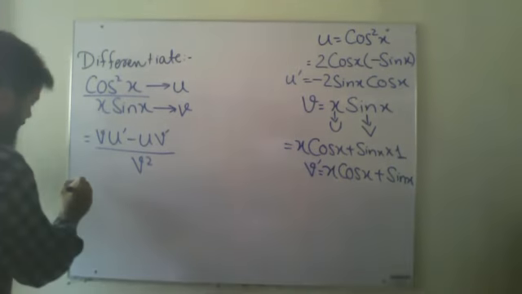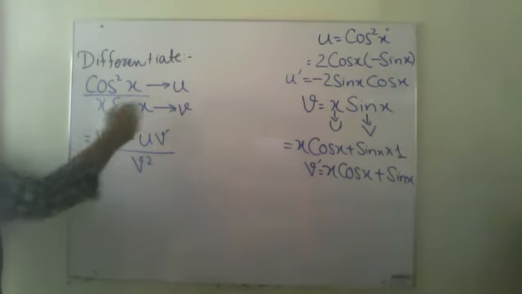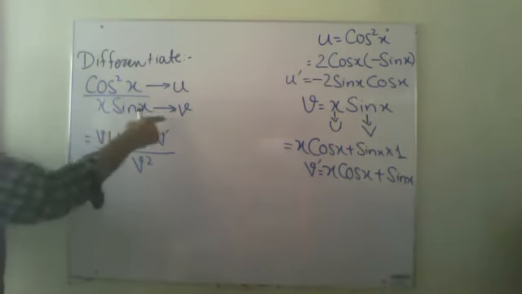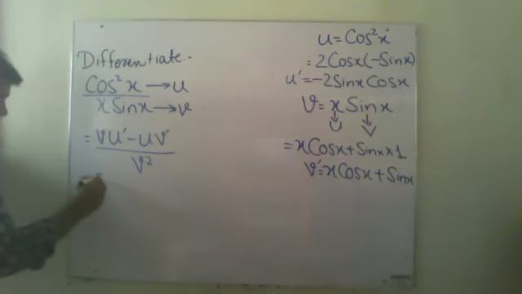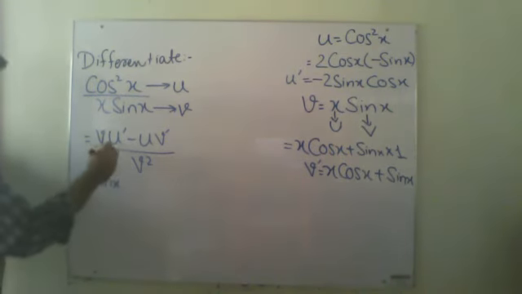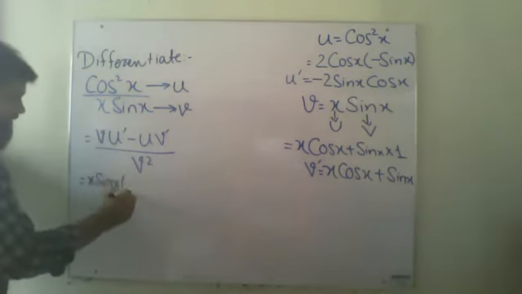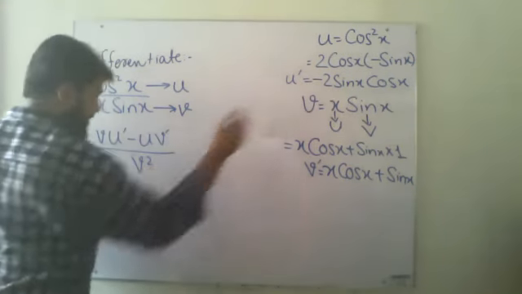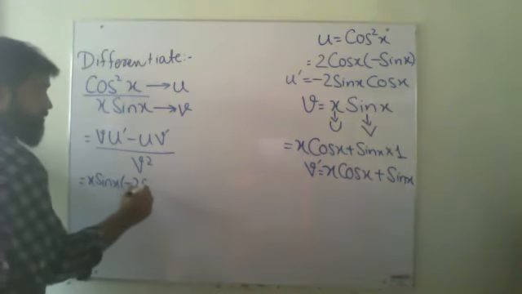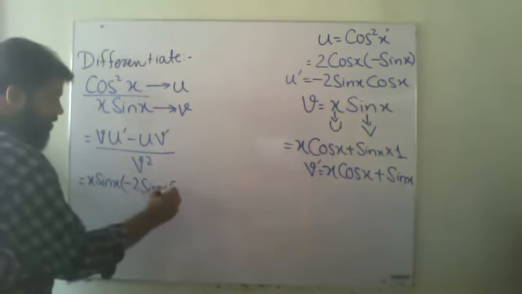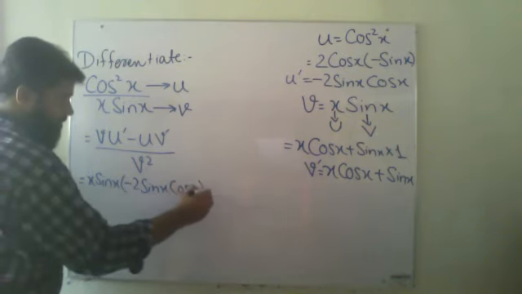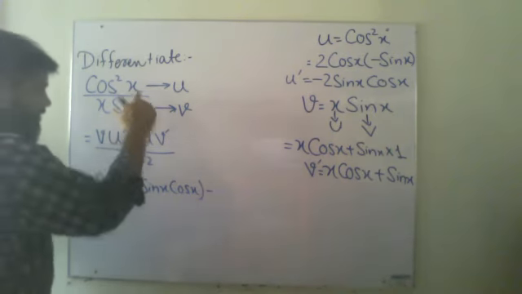Now I'm going to plug in the values. V, what is v? So v is x sin x multiplied by u differential. This is my u differential, minus 2 sin x cos x, minus u. What is u?